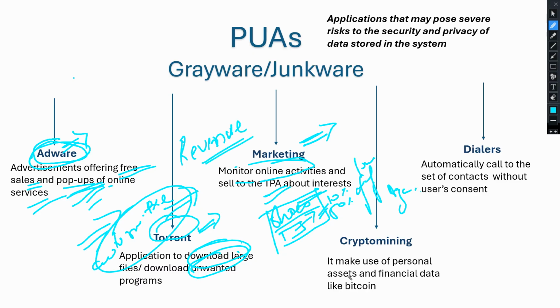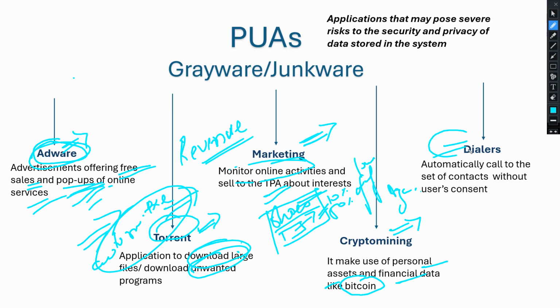Then we have crypto miners. Crypto mining, a very common example is Bitcoin. Nowadays it is used everywhere. It makes use of personal assets and financial data. Then dialers.